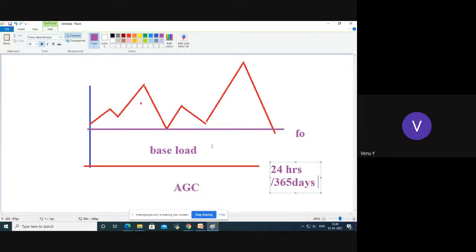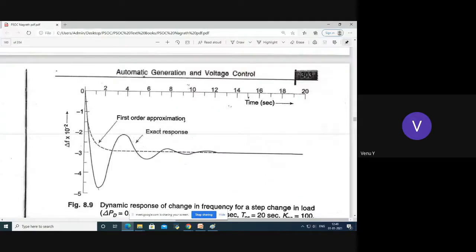Okay, that's why the frequency response is on the negative side. This is the base frequency. Actually, it is not 0; it is 50 Hz. The deviation delta F is the deviation from the nominal, F naught minus F, which is 0.